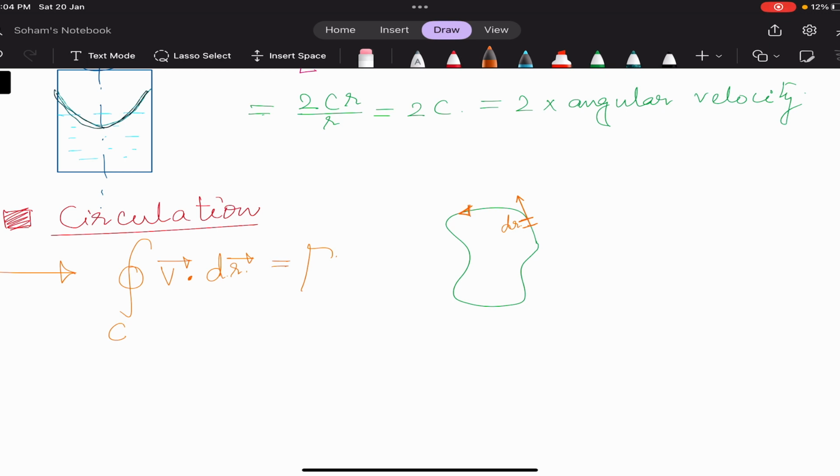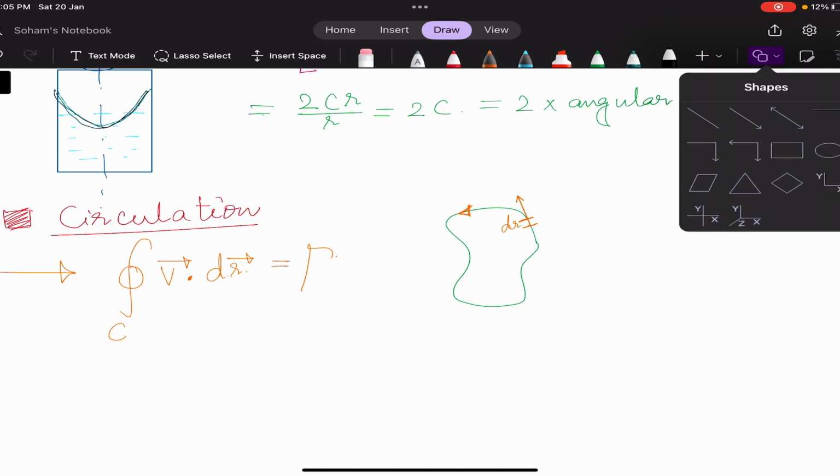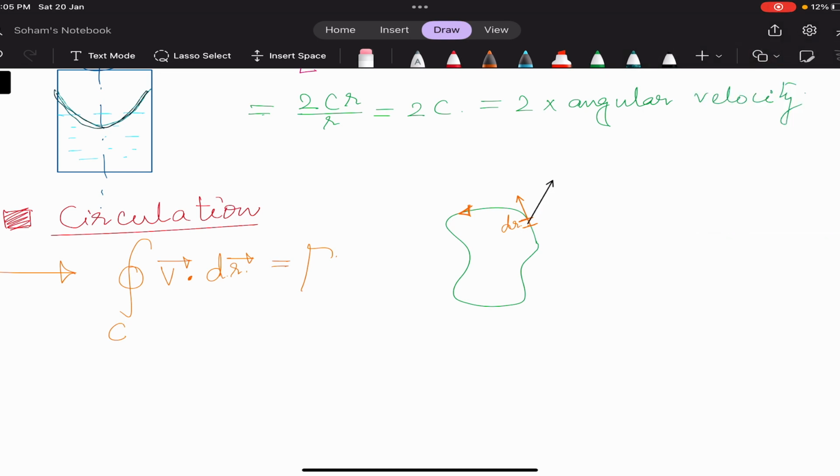And maybe some v you are having at this position, not vr, only v. So the integral of v dot dr over the closed contour is called circulation.